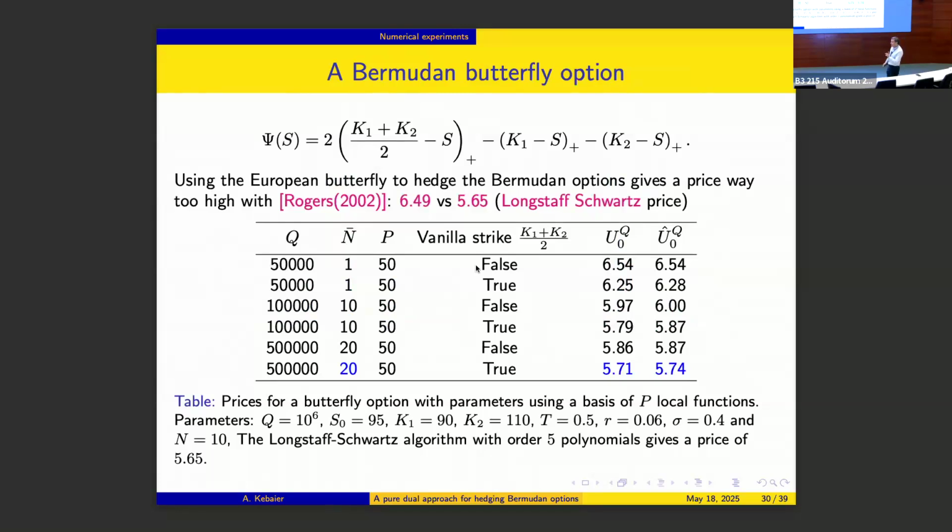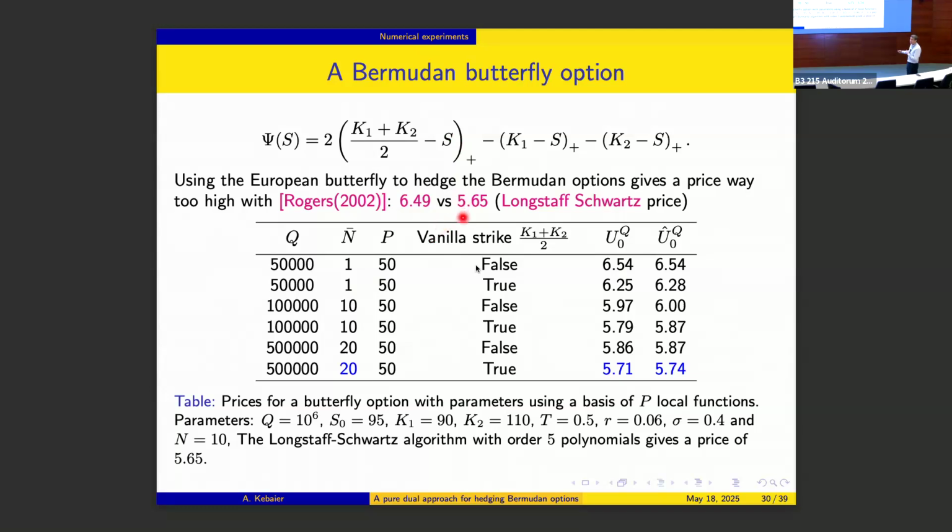So now, taking one challenging example, which is the butterfly option. For the butterfly, of course, use any guess you want, even from Rogers' paper, you will fail. If you use Rogers' paper, this is the price, 6.49. I mean, take the discounted European option price with this payoff. This is what you obtain.